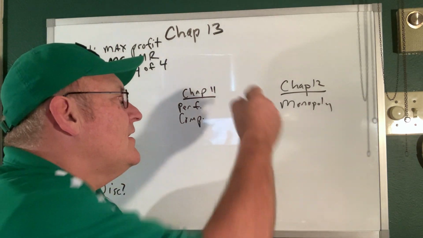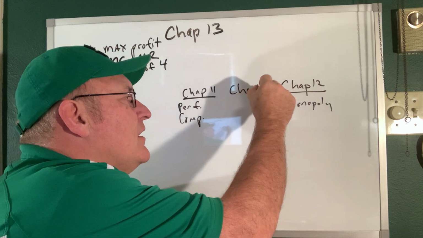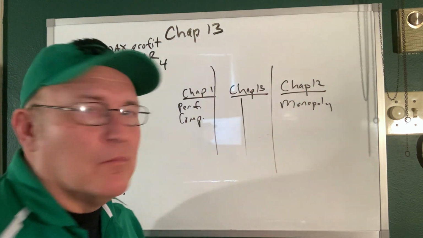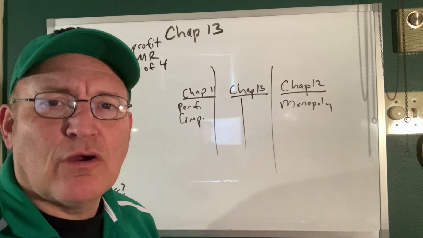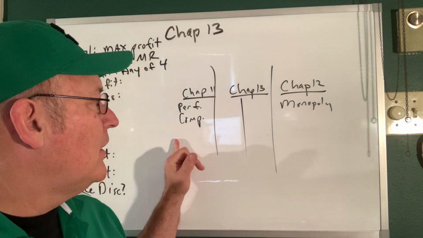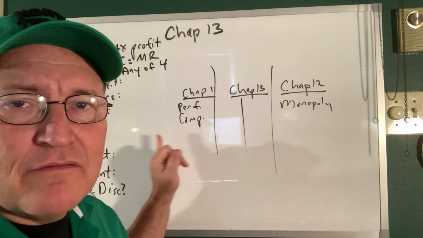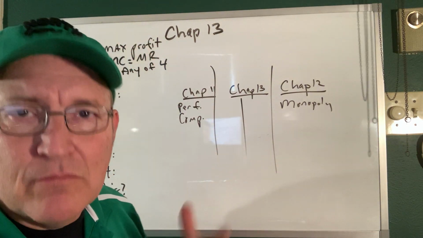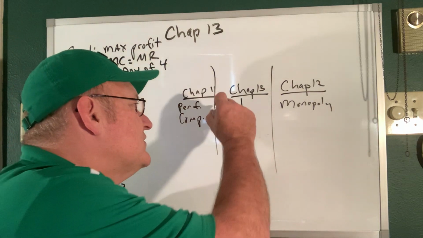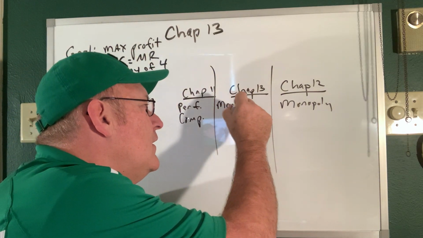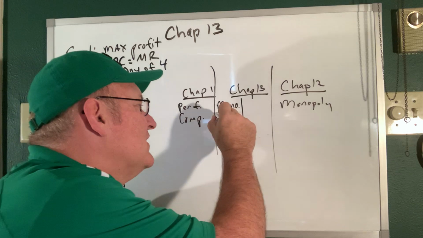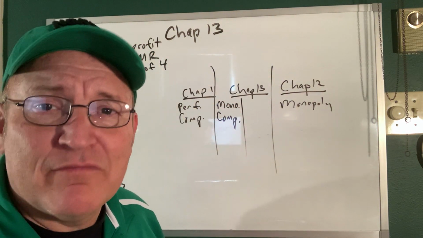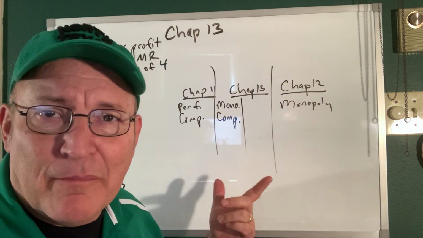And then now we're in chapter 13. We're going to talk about sort of the two intervening market structures, okay? Because there's a total of four, and going from left to right, perfectly competitive again is the most competitive, but there's another market structure called monopolistically competitive, and it is also a competitive market structure, right? It has the word competitive, right?